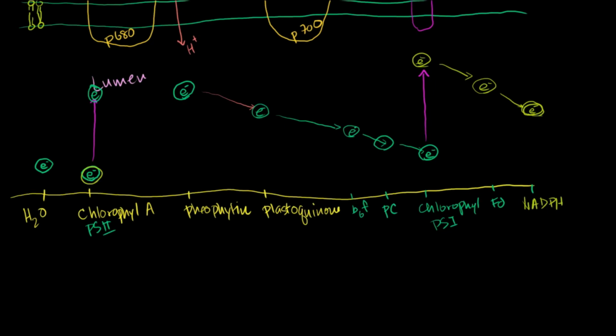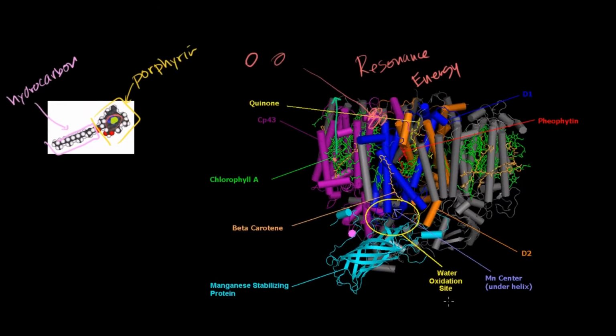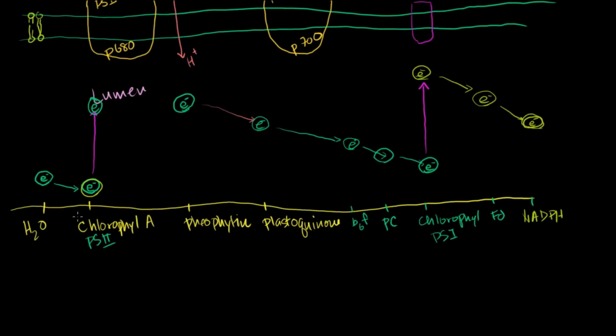And that's where that amazing thing that I talked about in the last video happens. Water gets oxidized. Oxidizing is losing electrons. Oil rig. So water gets oxidized by the water oxidation site on photosystem 2, and that electron ends up and replaces the electron in the chlorophyll.